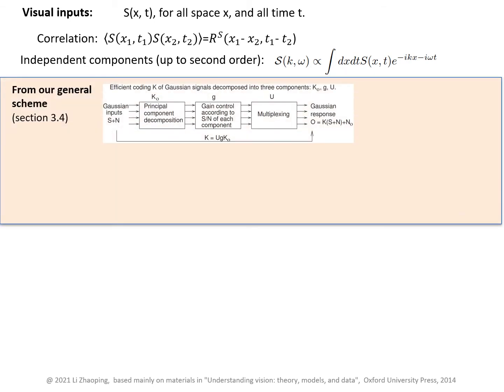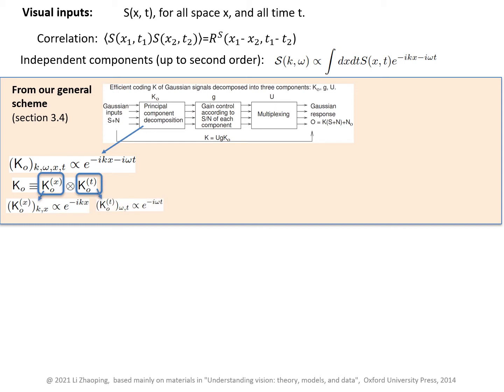This means that following our efficient coding scheme, in the first step for the principal component decomposition, the original signal is transformed by this Fourier transformation matrix with these elements. The matrix K0 is the product between a Fourier transform in space, K0 superscript x, and a Fourier transform in time, K0 superscript t, with these respective elements.